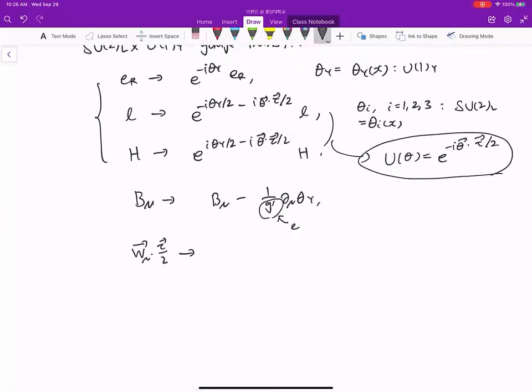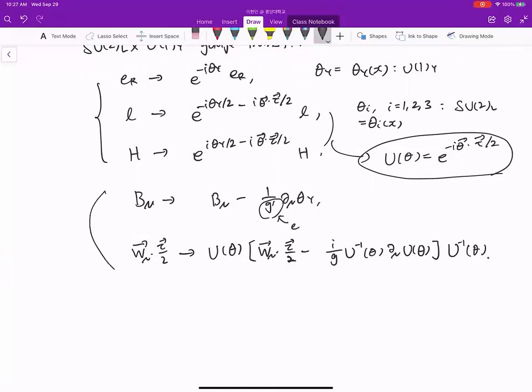Then in terms of U of theta, the transformation of the SU(2) gauge field is written in this way. We have discussed this for general non-abelian gauge symmetry, but here we specify the non-abelian gauge symmetry to SU(2). So it's just a simple application. Right, so this gauge field.